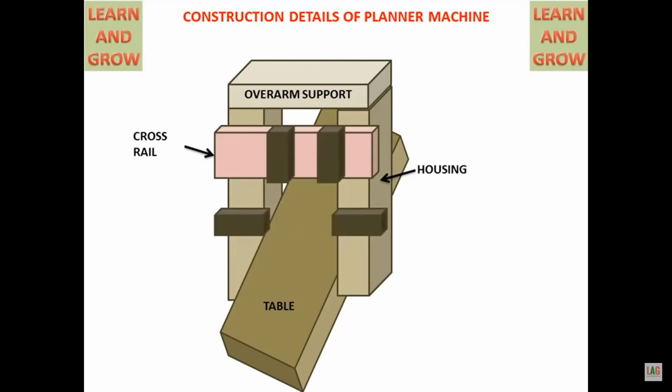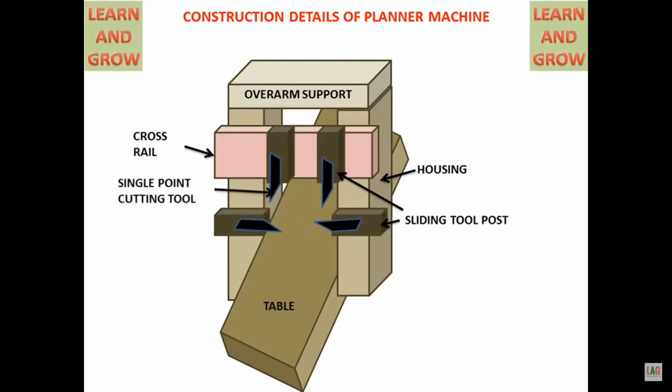The tool posts can be called sliding tool posts, and these are the single point cutting tools by which we can perform the operation of removal of material. These single point cutting tools are attached to the tool posts.